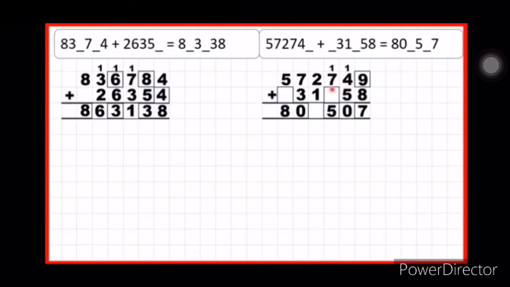And now, onto our hundreds. 1 plus 7 is 8. And then, something has been added to give us a 5 as the hundreds digit of our answer. But they haven't added to make 5. They must have added to make 15, and then written 1 above the thousands column. Now 1 plus 7 plus 7 is 15, because 15 minus 8 is 7.